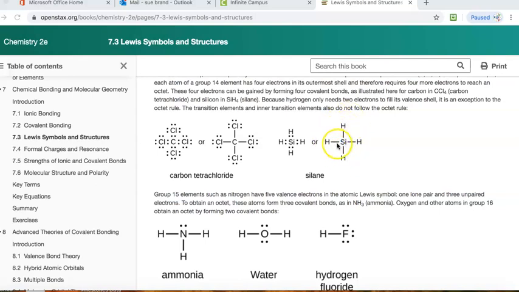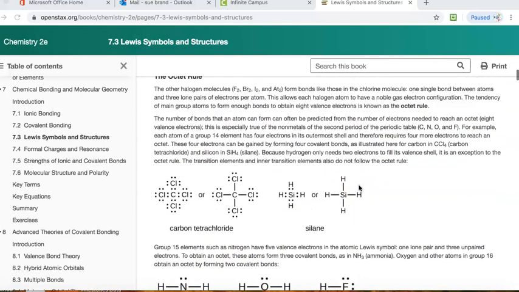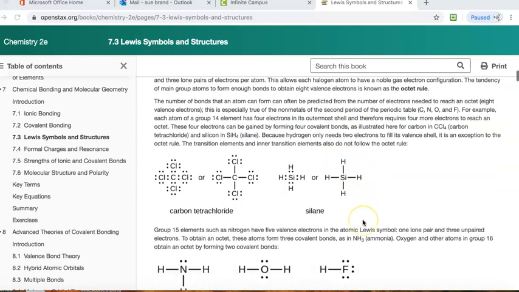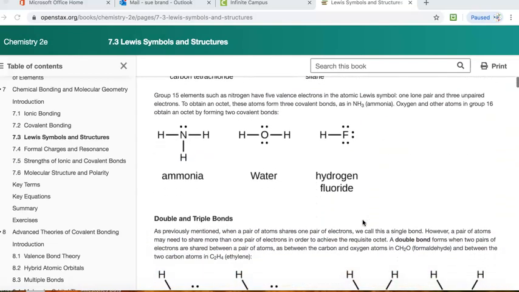And so you see here that hydrogen is going to have 2, and the silicon is going to have 8, 2, 4, 6, 8, because it already has 4, and then it's sharing 4 with hydrogen. And so again, notice that every element in this scenario has 8 valence electrons around it, with the exception of hydrogen, which has 2, which completes its s subshell.